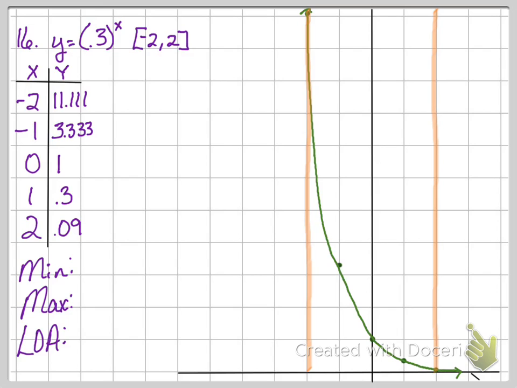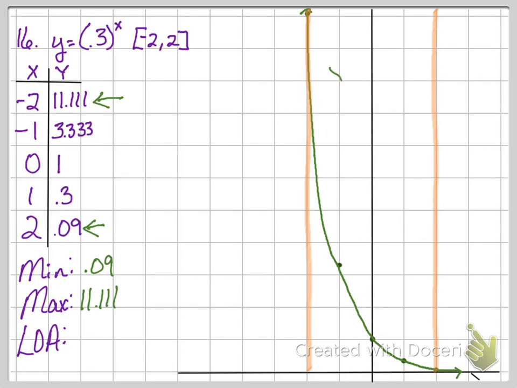Our low point is on the right. So that means my minimum is on the right side this time. That means this at 2 is my minimum. My minimum is 0.09. My maximum on the left is at -2, so my maximum is 11.111.